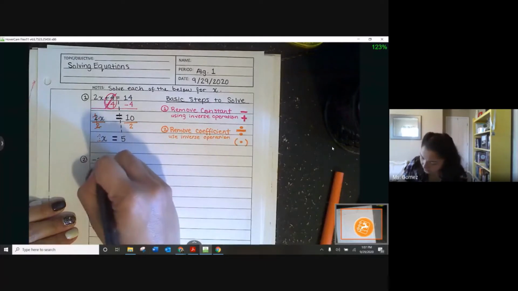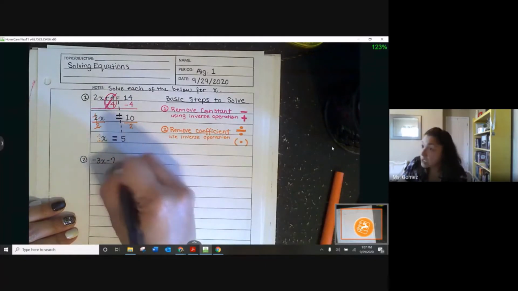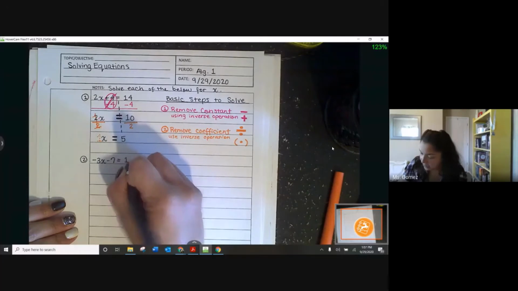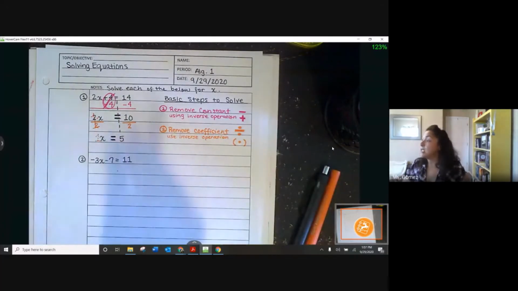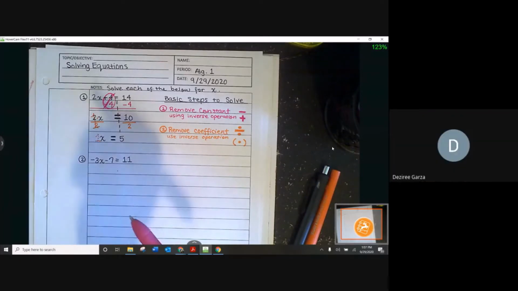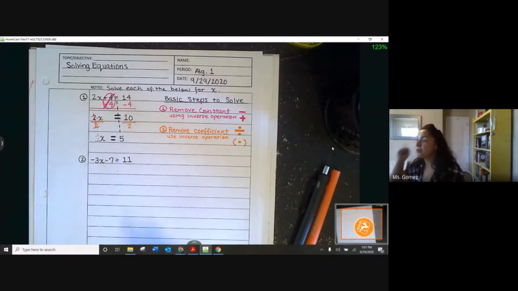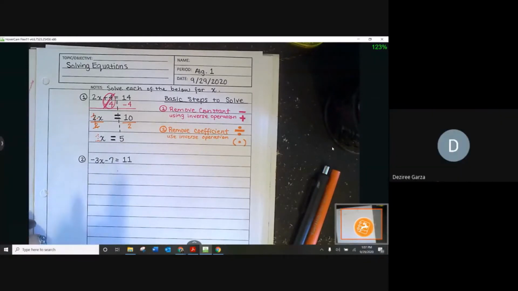I have negative 3x minus 7 is equal to 11. So I'm going to take out my pink pen because what should I do? Remove the constant. Which is the constant I should remove? That is absolutely correct, 7. Although, what kind of 7 is it?